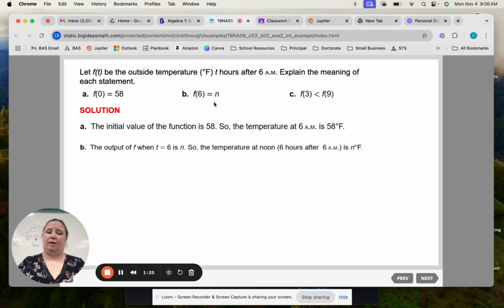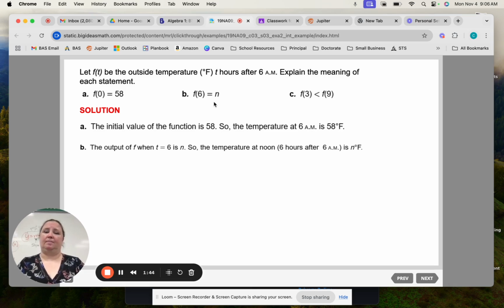What about C? We have the function of 3, and it says it's less than the function of 9. So what is that telling us? It's colder. Sure.